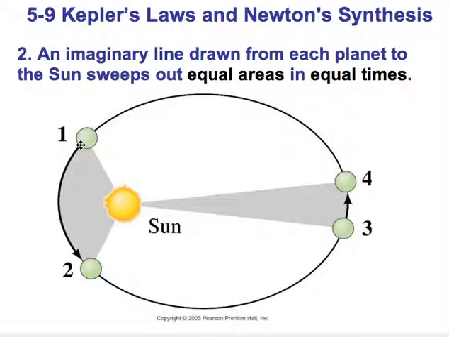However, if you have an imaginary line between the sun and the planet, that line sweeps out equal areas in equal amounts of time. So, for instance, if this was 1 Earth year, this area here would be equal to, this would also be 1 Earth year, and this area would be equal to this area. So that's one of Kepler's laws. Planets sweep out equal area in equal times.